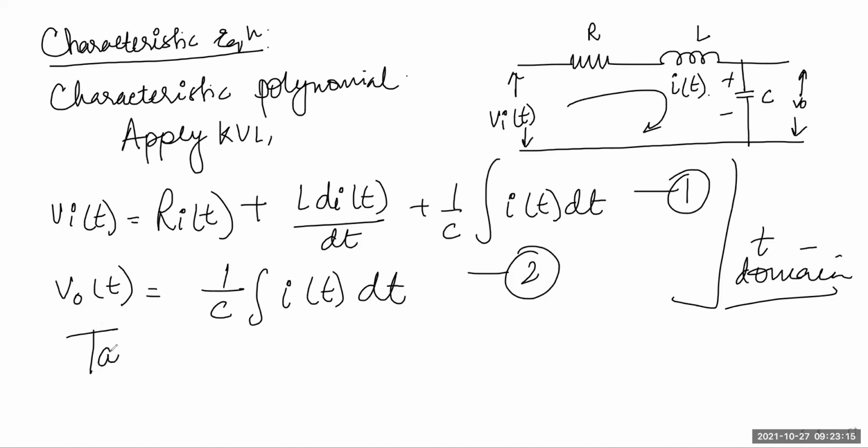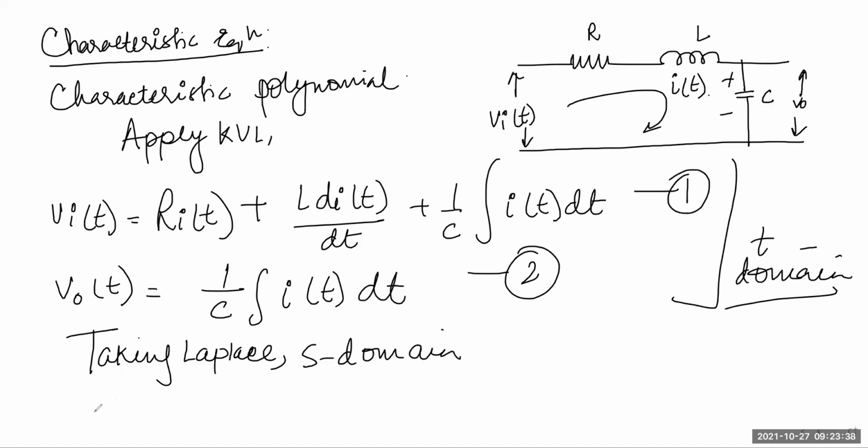So now we will take the Laplace transform. I'm writing here, taking Laplace. If I take Laplace, what will my equation be? You have to replace the T with S, right? Because we are doing it in the S domain, as I told you.